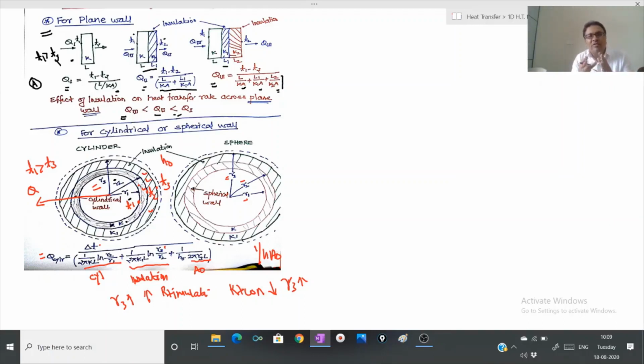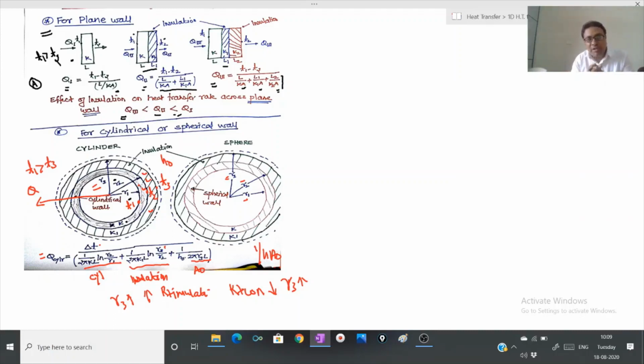It has been found that up to a particular value of R3, the conductive thermal resistance increases and the convective thermal resistance decreases, and after that particular value of R3, the conductive thermal resistance decreases and the convective thermal resistance increases.